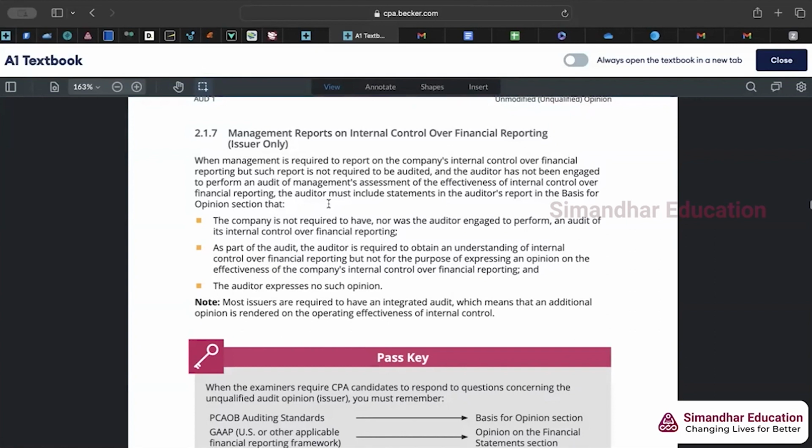In case of issuers, it is not only auditors' requirements but also management responsibility and auditor's responsibility. In case of non-issuers, after the basis of opinion, there is a going concern paragraph, if relevant, then management responsibility and auditor's responsibility, which is clubbed into the basis of opinion for issuers.